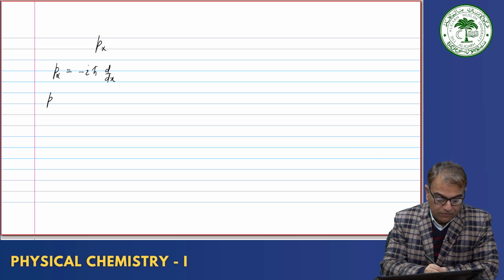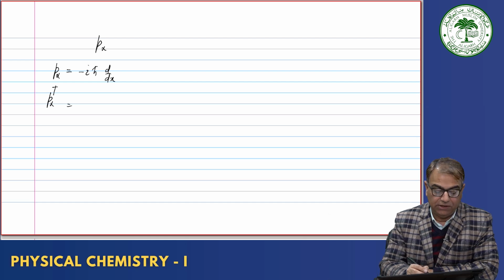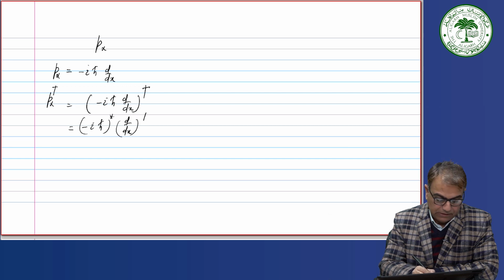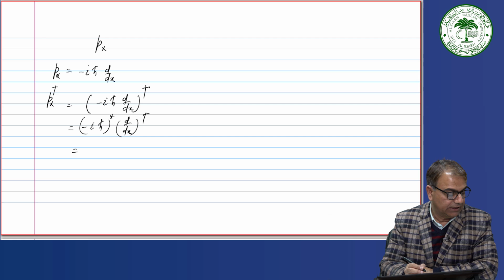If you have to find out px dagger, how will you proceed? You will take minus i h cross d/dx dagger. So it will be minus i h cross, you take the conjugate of this, and d/dx dagger is minus d/dx.